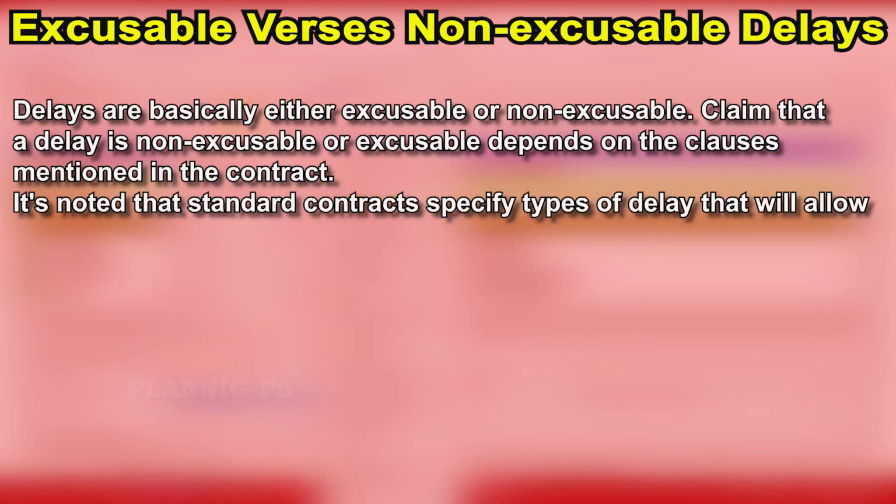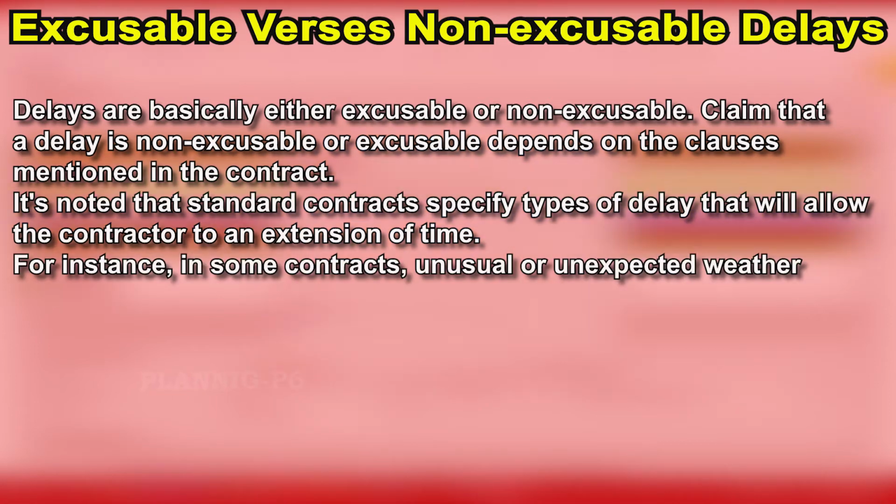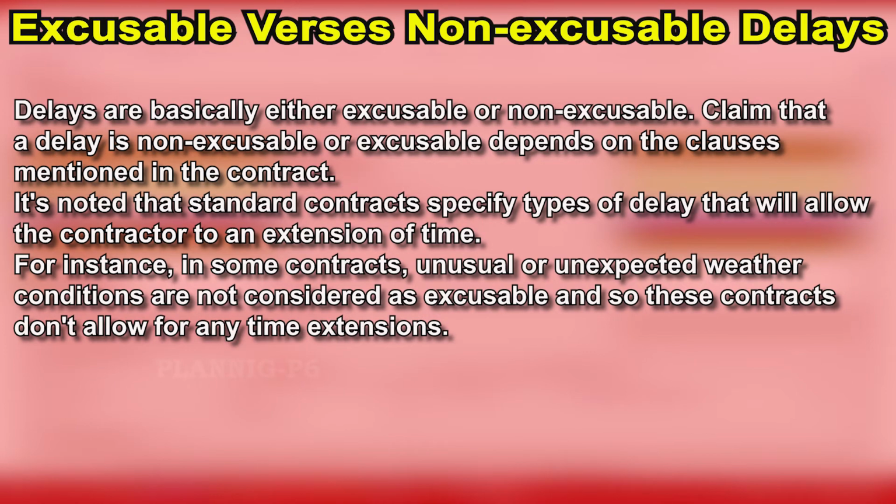Standard contracts specify types of delay that will allow the contractor an extension of time. For instance, in some contracts, unusual or unexpected weather conditions are not considered excusable, and so these contracts do not allow for any time extensions.